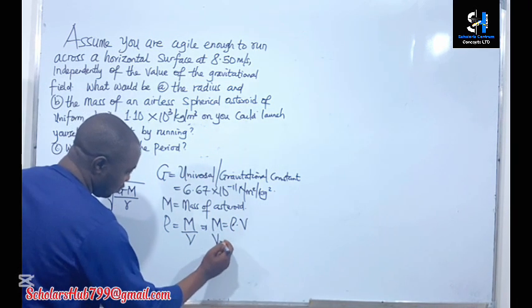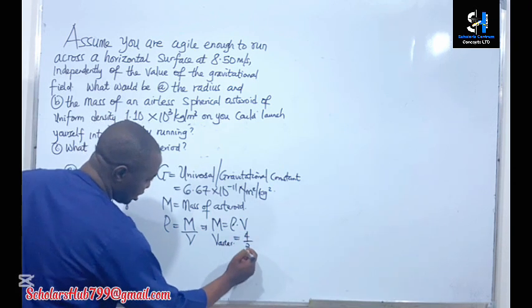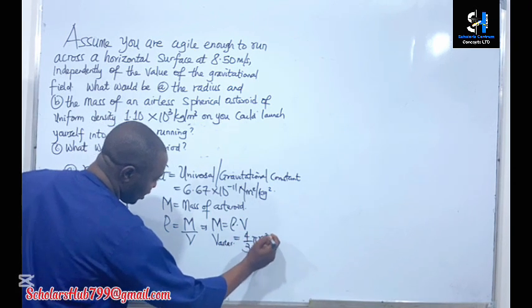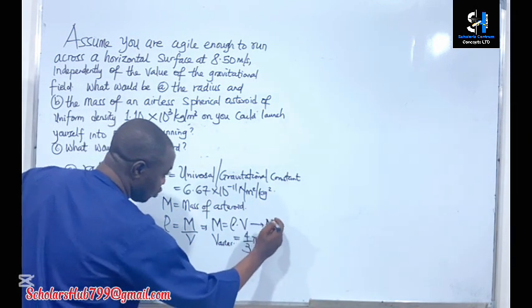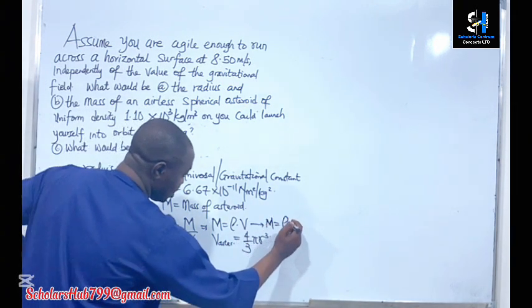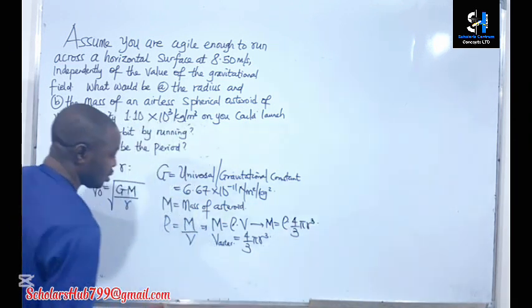The volume of the asteroid is the same as the volume of a sphere, so the mass equation will be density multiplied by 4 over 3 pi r cubed.